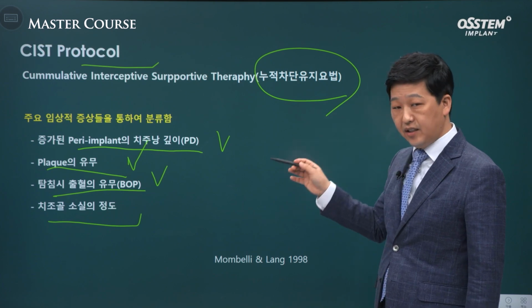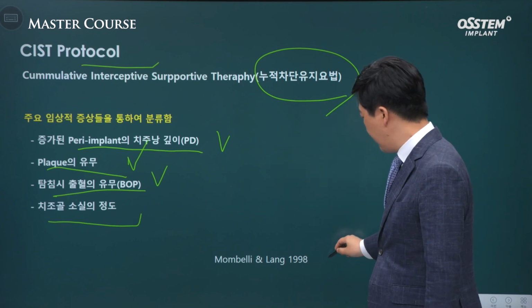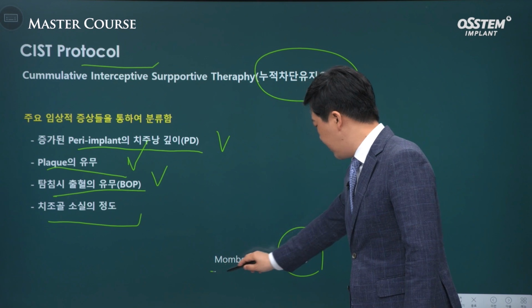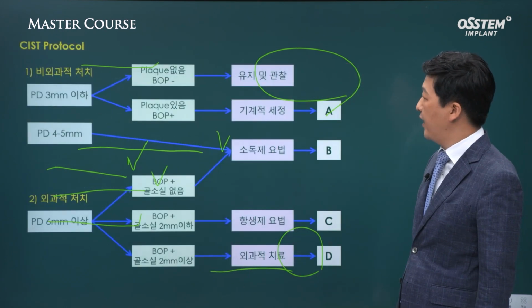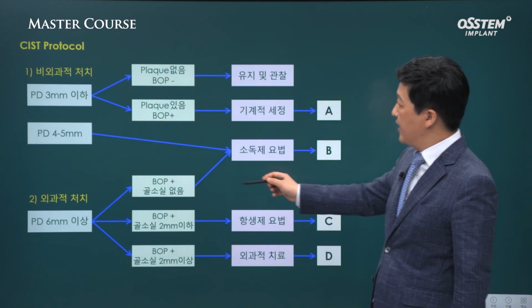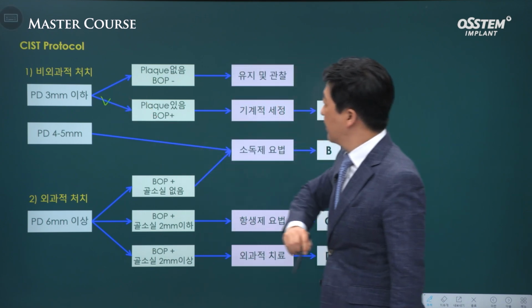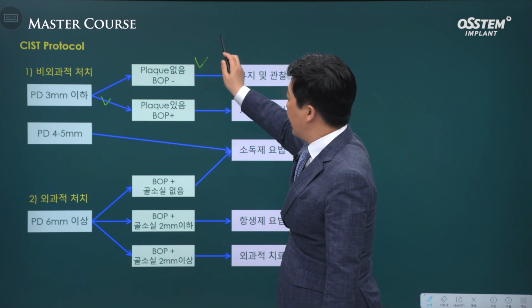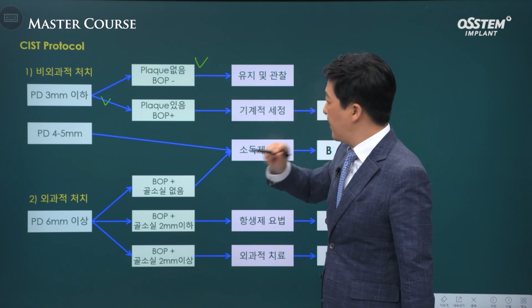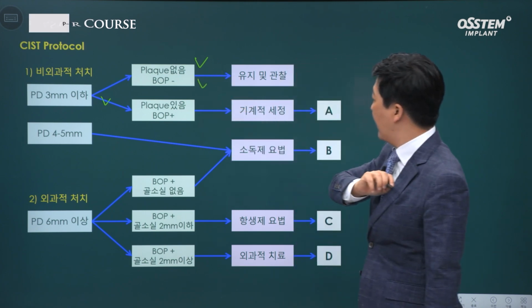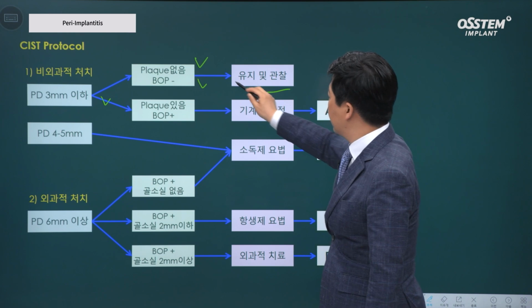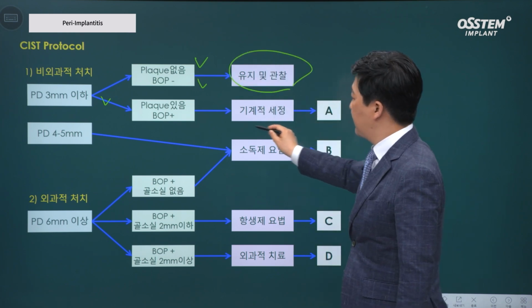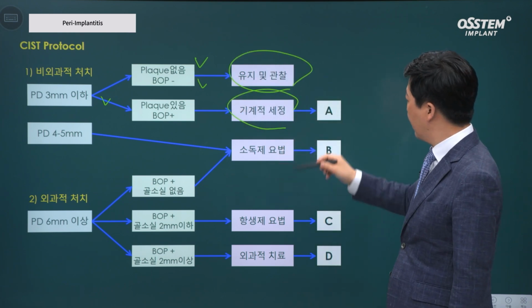Depending on the set of symptoms, the treatment approach that we take differs. This is a classification suggested by Mombelli and Lang. This is the overview. If the probing depth is under 3 mm and there are signs of plaque, signs of bleeding upon probing, we need to determine whether we're going to observe or whether mechanical debridement is necessary.